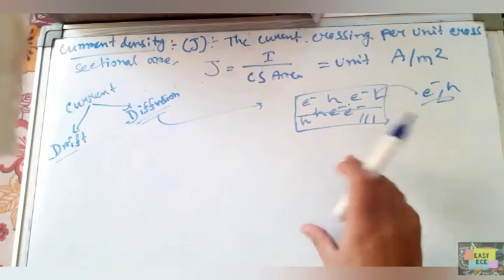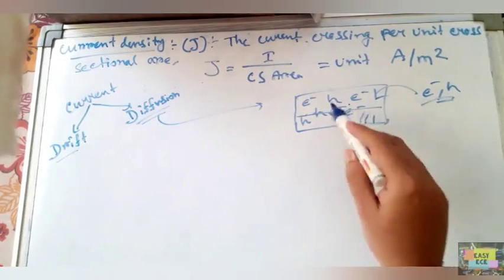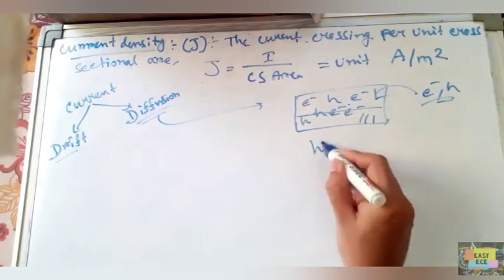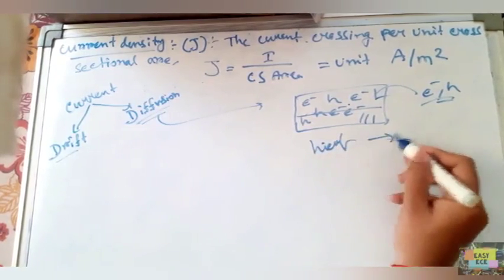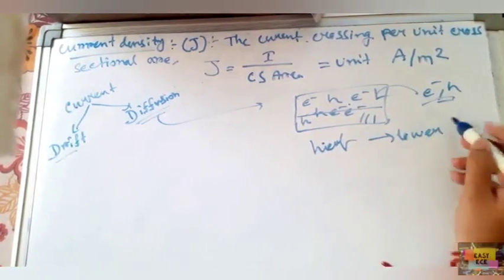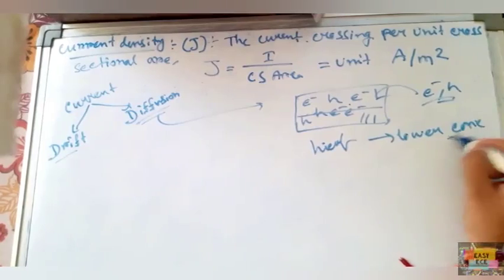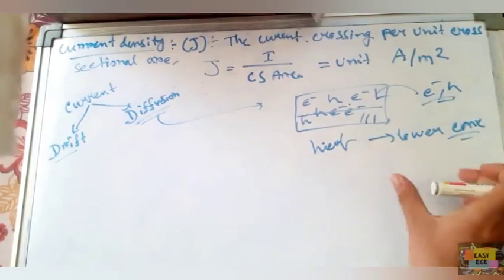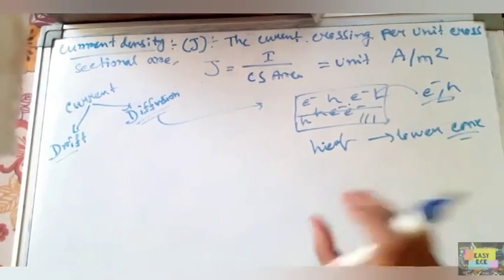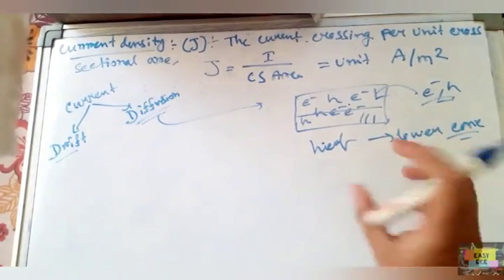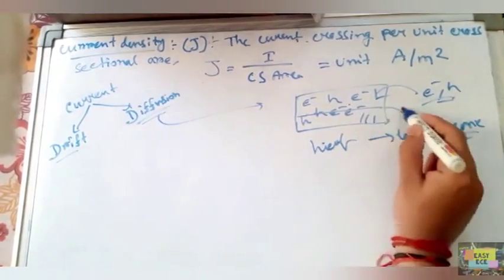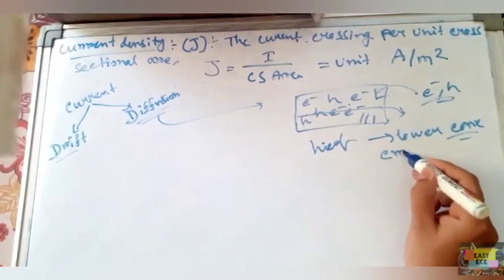So the carriers move from higher concentration to lower concentration, and this movement of holes and electrons creates some current in the semiconductor.